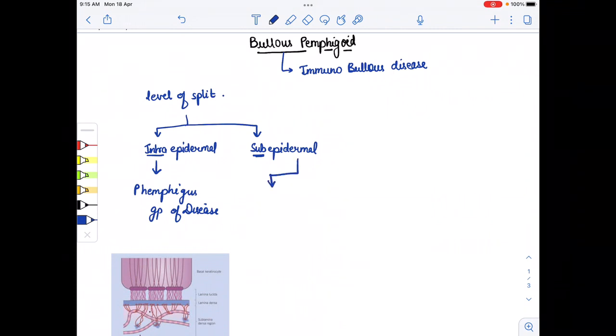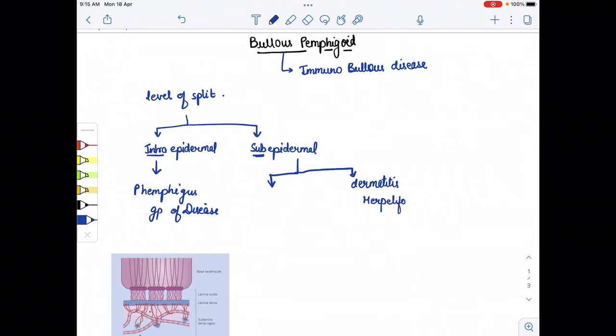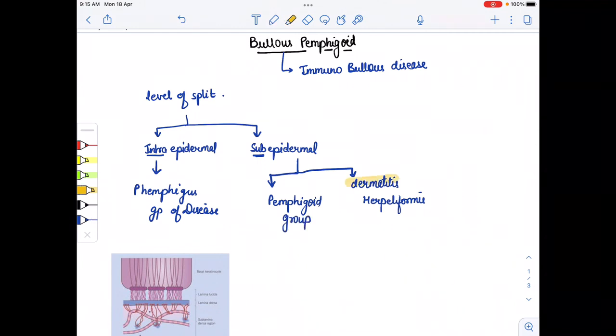The first one is dermatitis herpetiformis, which we already discussed, and the other one is the pemphigoid group of disease, which we will discuss now. Please remember that dermatitis herpetiformis also involves the subepidermal, and the pemphigoid group also involves the subepidermal, meaning below the epidermis an immune complex will form.